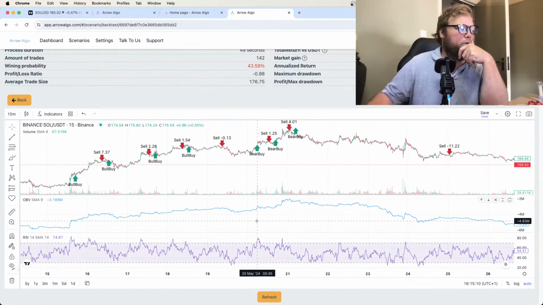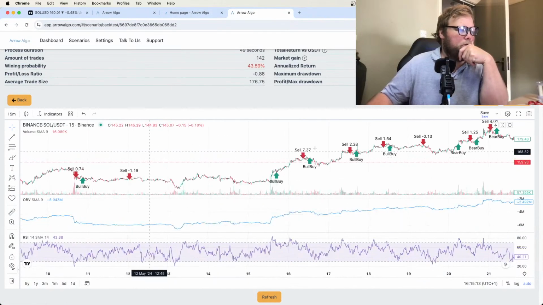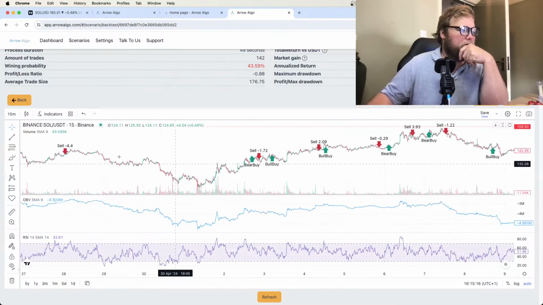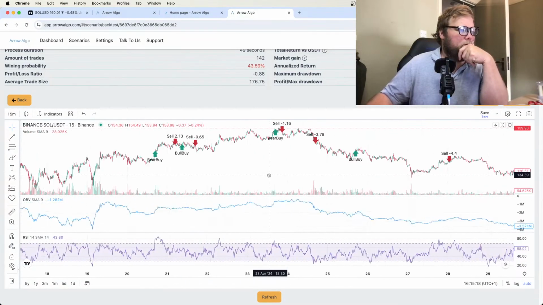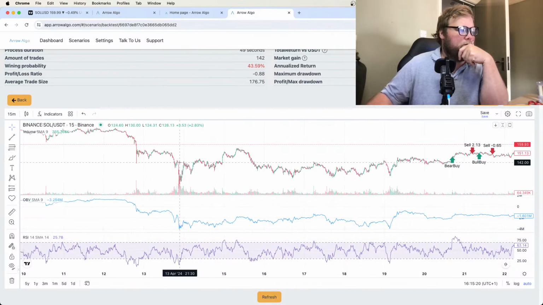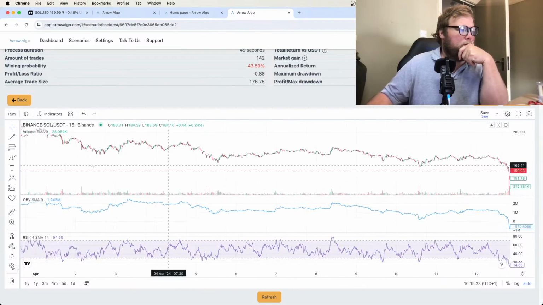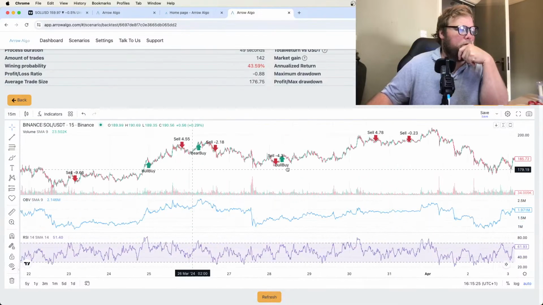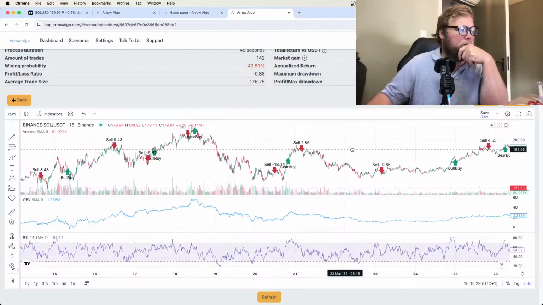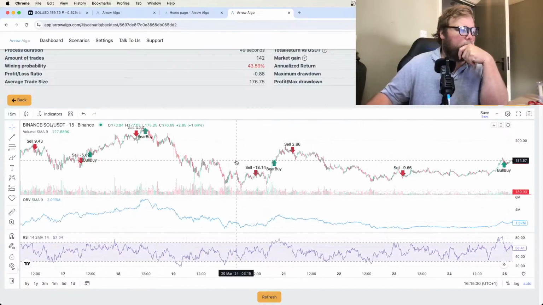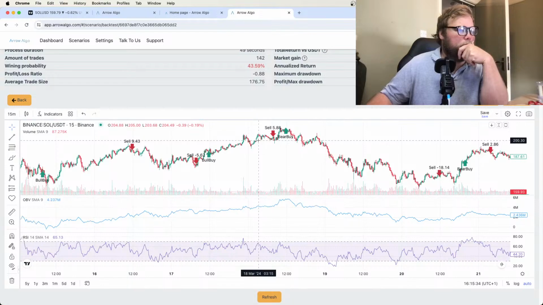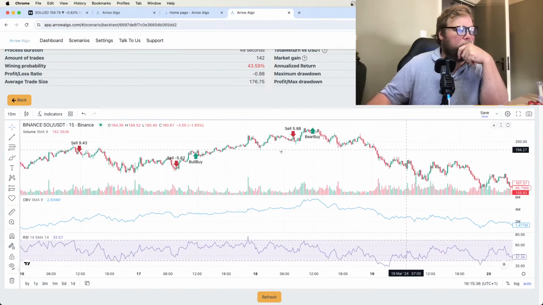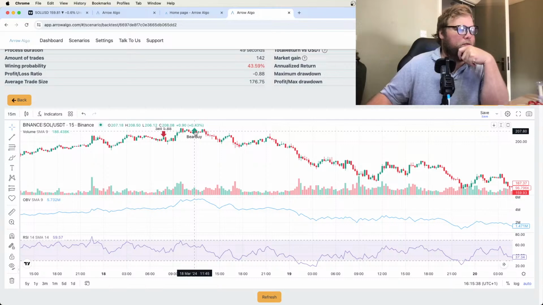Let's have a look at what the RSI was telling us then. On the 15-minute time frame, RSI was 59 and the OBV was 5.7 million, but generally on the rise.